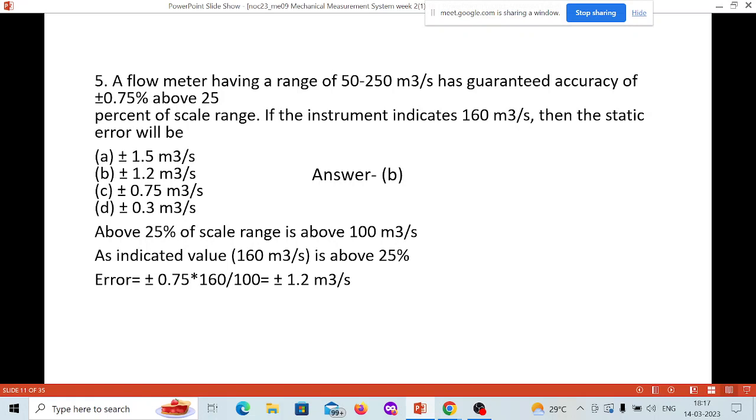So the reading can be 161.2 or 158.8. That is the reading you can have for a flow measurement of 160 meter cube per second.